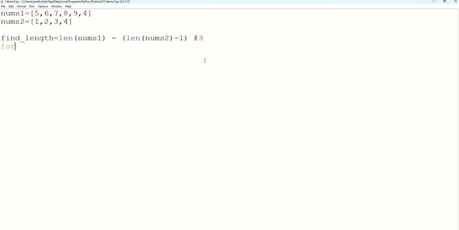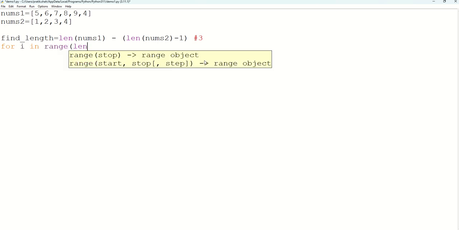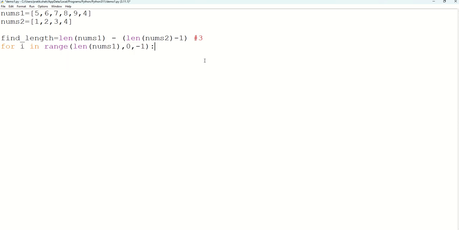Okay, so now I will write for i in range, length of nums1, because we will go in reverse order from the right hand side, comma 0, comma -1. Then obviously we will write an if condition: if i minus find_length is less than 0.